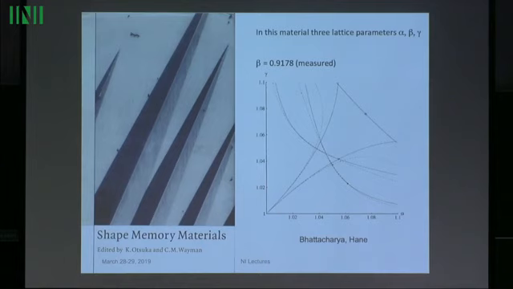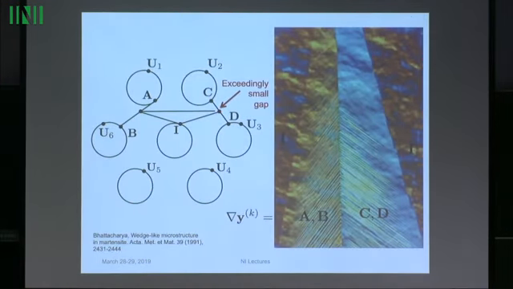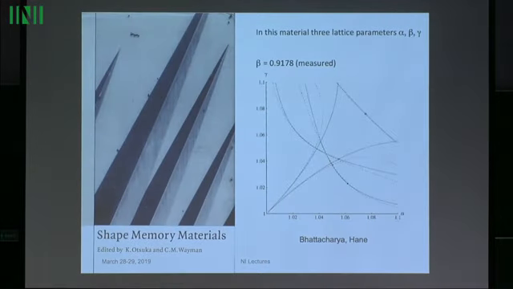That microstructure was so characteristic of copper, aluminum, nickel, it was put on the cover of this book. But let's plot this in a different way. So this is a diagram. Remember, this alloy has 3 lattice parameters, alpha, beta, and gamma. In this diagram, I'm putting beta equal to the measured lattice parameter of the alloy, and alpha and gamma are the other 2 lattice parameters. And if this had no gap right there, if there was a perfect rank 1 connection, we would be on one of these lines.